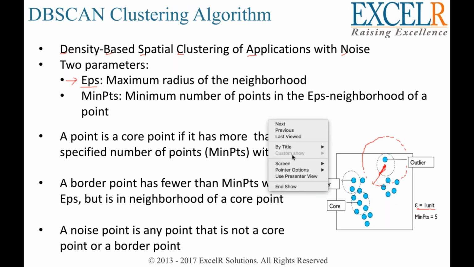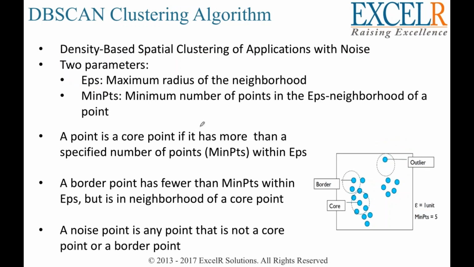What do you mean by minimum points? Minimum points is nothing but the minimum number of points you intend to see within that EPS neighborhood. Say this is the center and I have a 1 unit radius, and then I draw a circle.